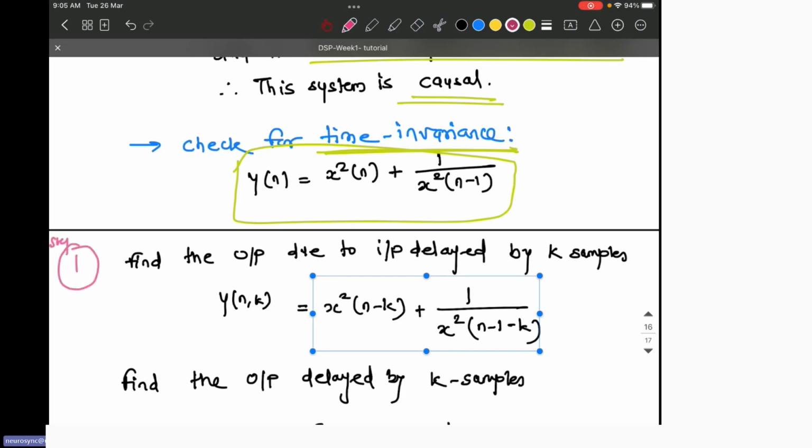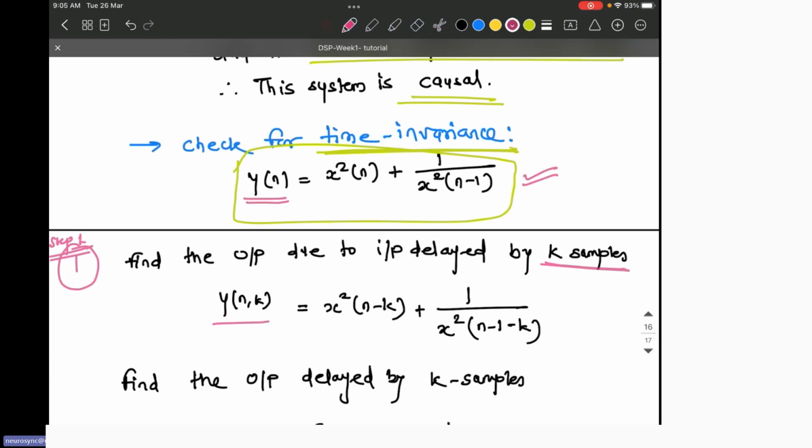I will say this is my step number 1: find the output due to input delayed by k samples. This is a discrete system, therefore delayed by some k samples.